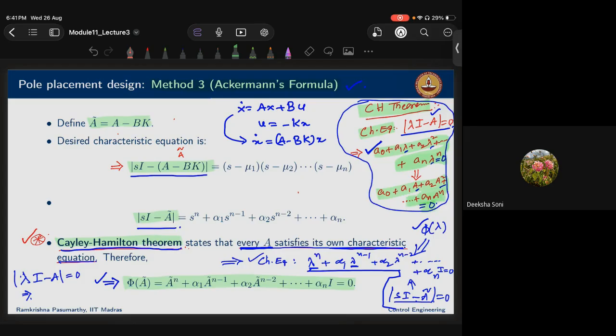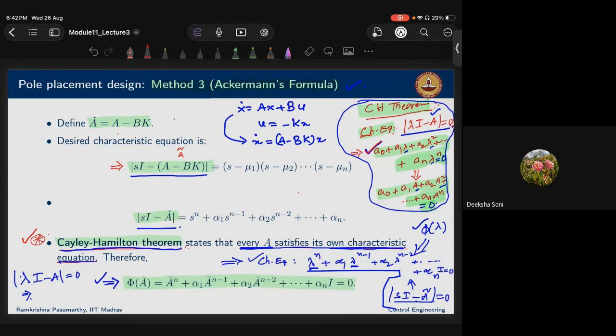Is this clear? First, the Cayley-Hamilton theorem. You have the characteristic equation. When you are finding the eigenvalues, you take lambda I minus A and set the det equal to 0. You get this polynomial: A0 plus A1 lambda plus A2 lambda square, and so on up to An lambda power n equal to 0.